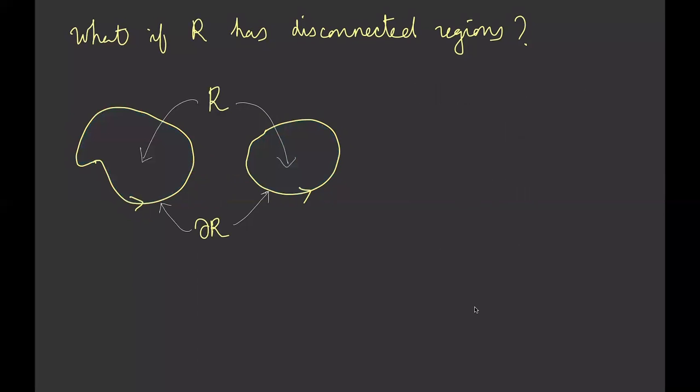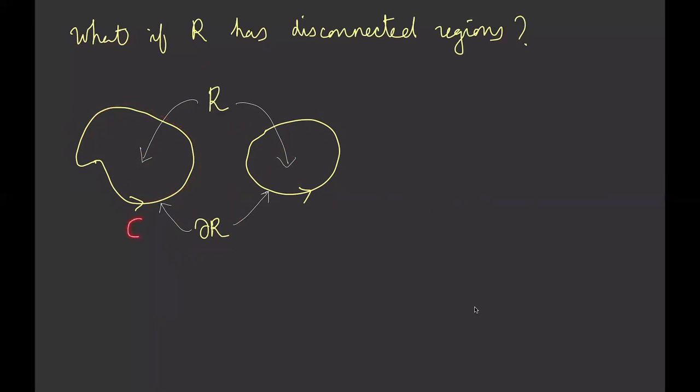So regions in which your R consists of disconnected regions. You can have many disconnected regions, in fact. And where your boundary curves are these disconnected curves, it still applies. You can still write down the full conclusion of Green's theorem. So an integral over R, which is an integral over that and that, is associated with the line integral over ∂R, which consists of, in this case, two curves.